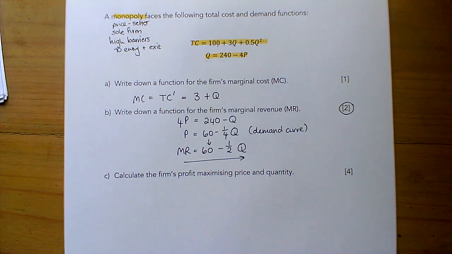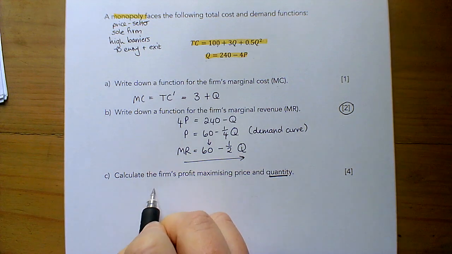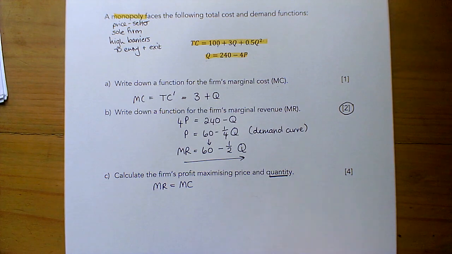Then it asks us to calculate the firm's profit maximizing quantity and price. We find the profit maximizing quantity by setting MR equal to MC.